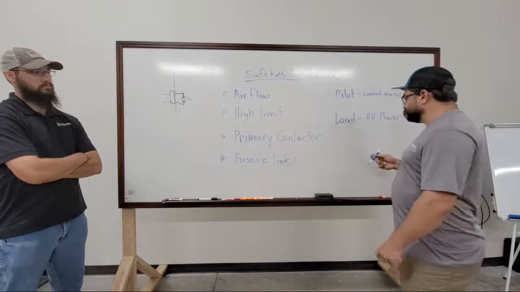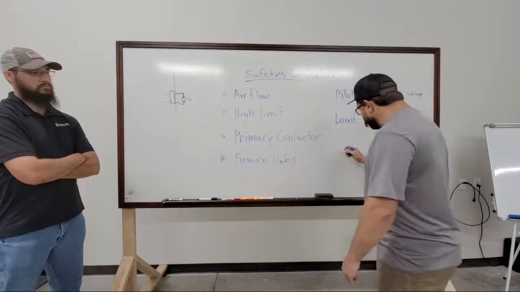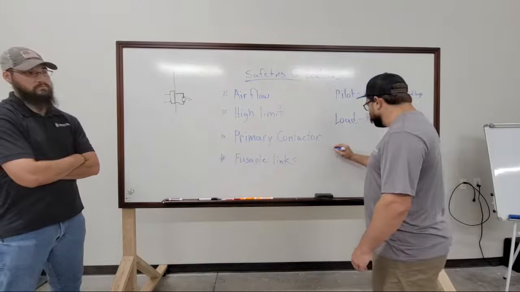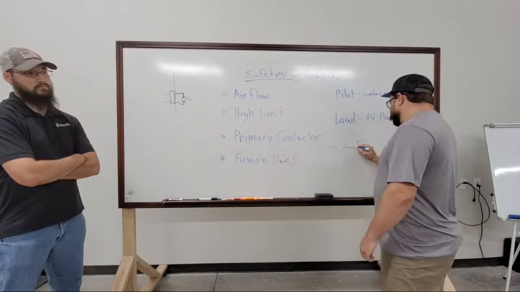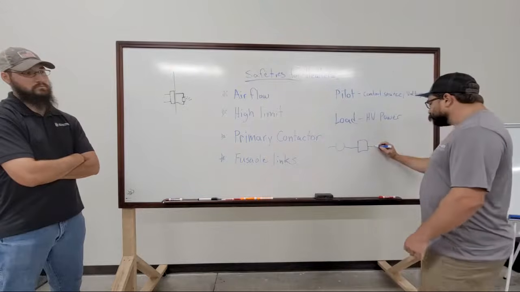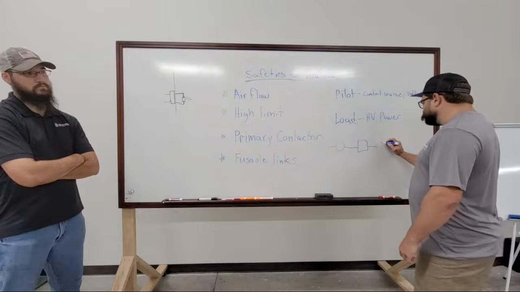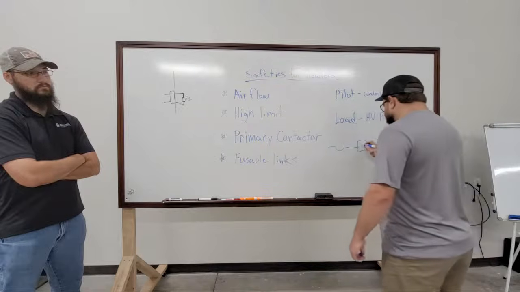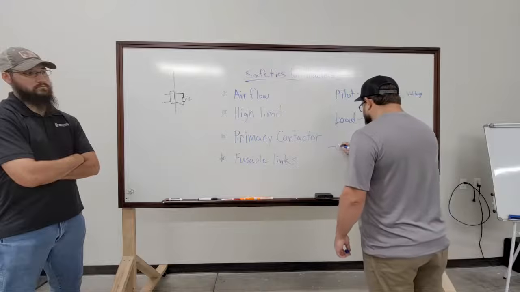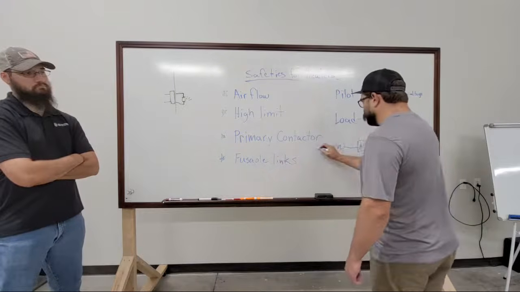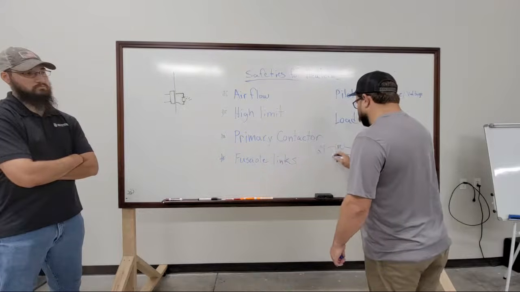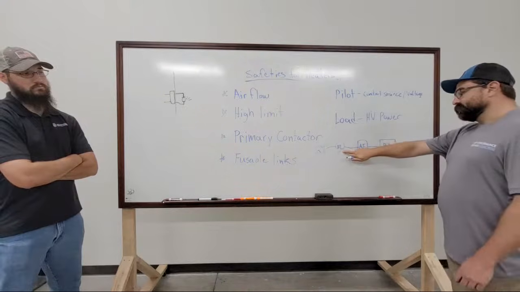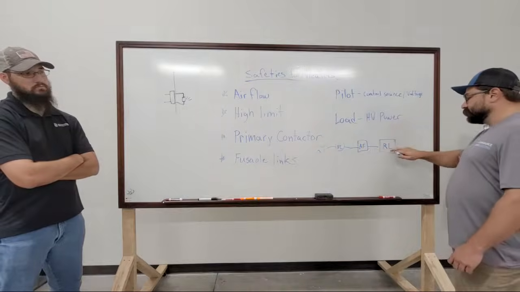So a lot of systems will have, let's go with a high limit. This can be our airflow switch. And then I'll have my relay. So then we got 24 volts feeds in. So your 24 volt loop of your control system going through your high limit, through your airflow switch, and then my relay.